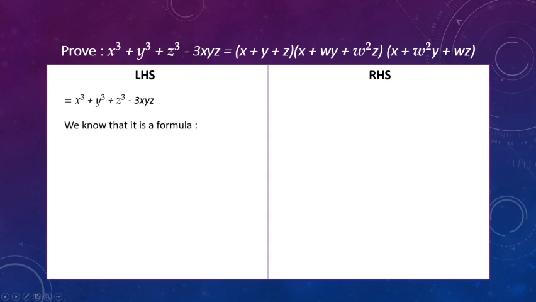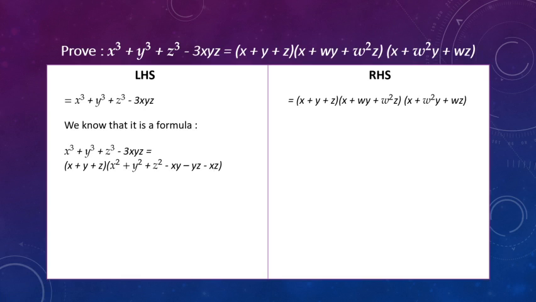We know that it is a formula and which is equal to x plus y plus z, x square plus y square plus z square minus xy minus yz minus xz. We have learnt this formula in class 9.